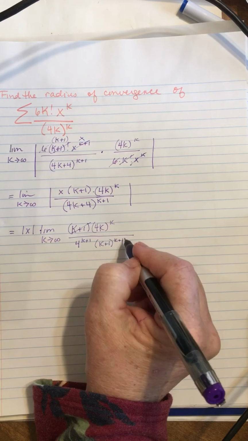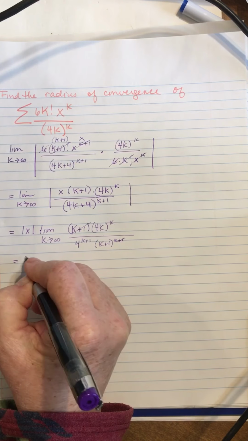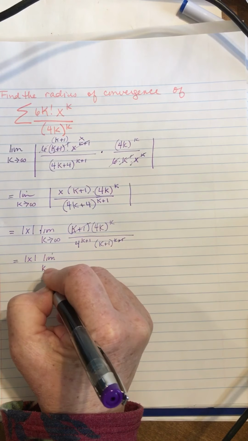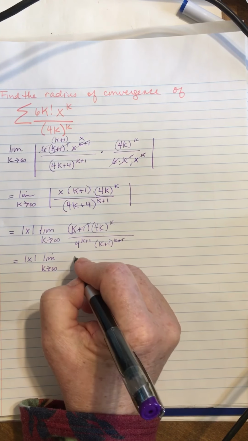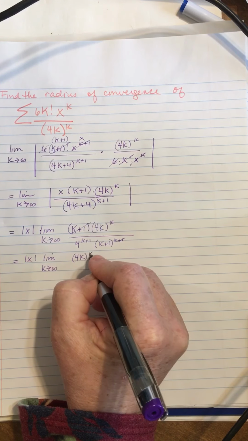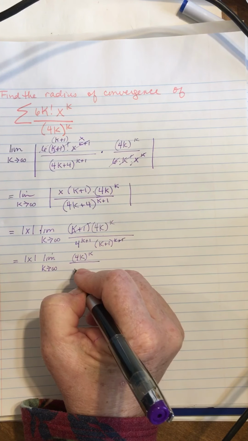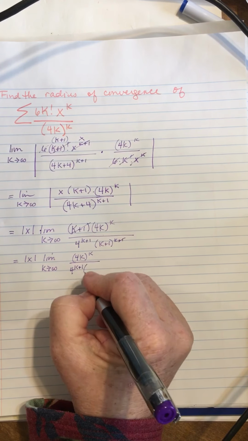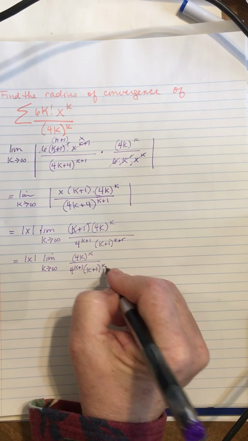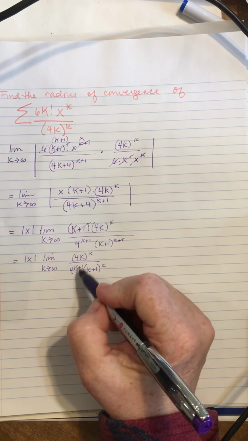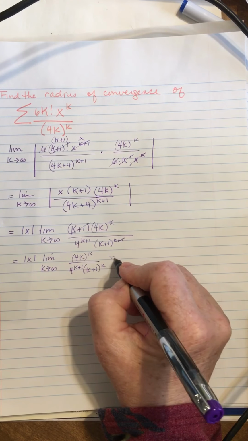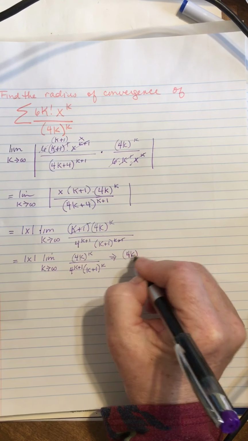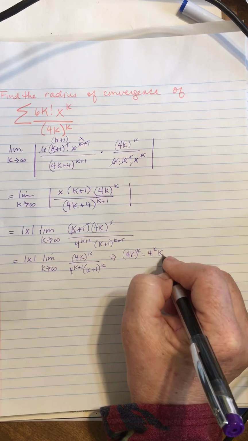And so this would cancel with one of those, and we are left with the absolute value of x times the limit as k approaches infinity of (4k) to the k over 4 times (k plus 1) times (k plus 1) to the k. And we can cancel out some of the 4's as well, because that (4k) to the k is 4 to the k times k to the k.